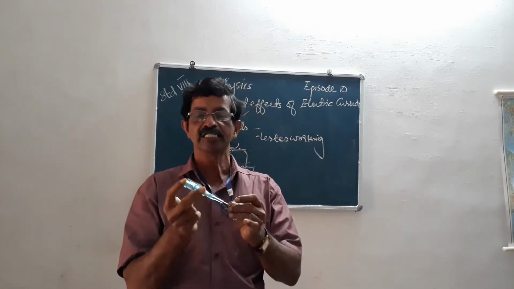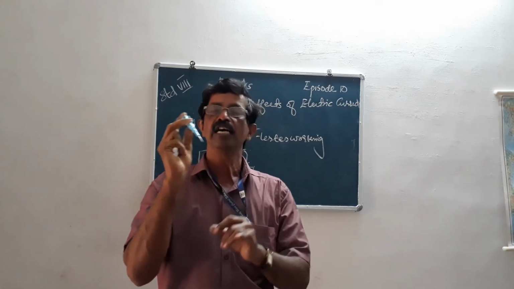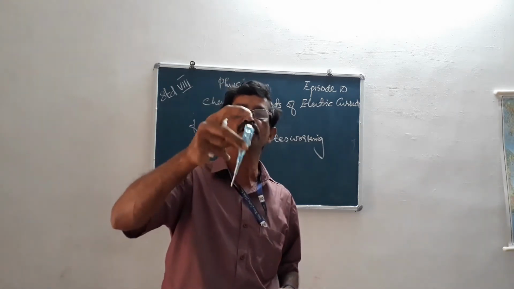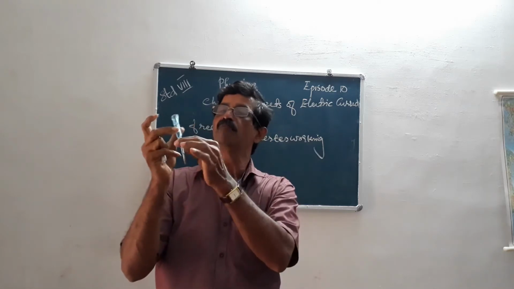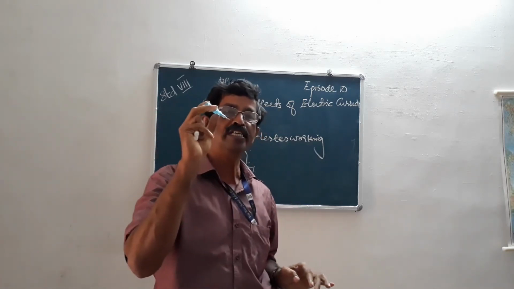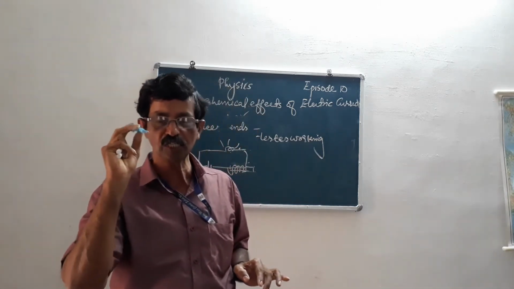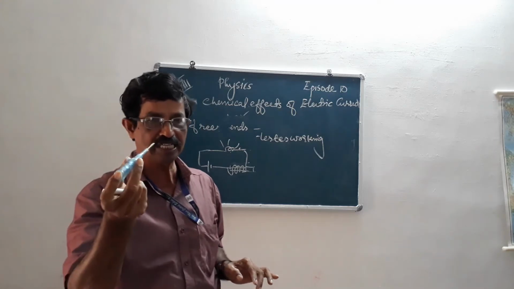We just insert it into the phase line, and when we press this button, we can see the bulb inside it glowing. That is how we identify the presence of electricity using this tester.